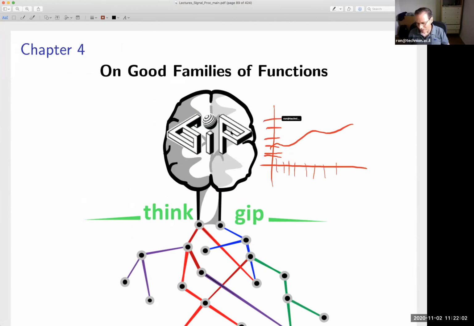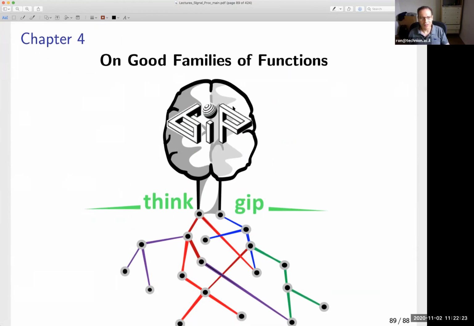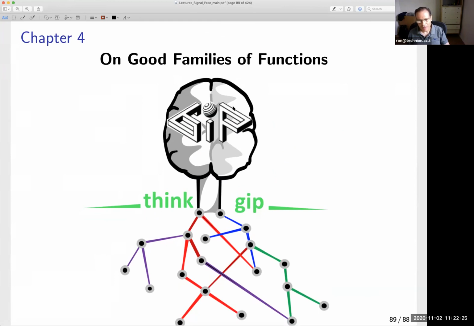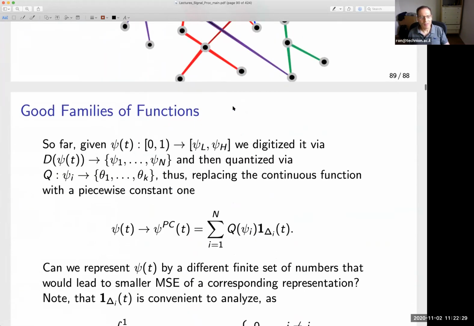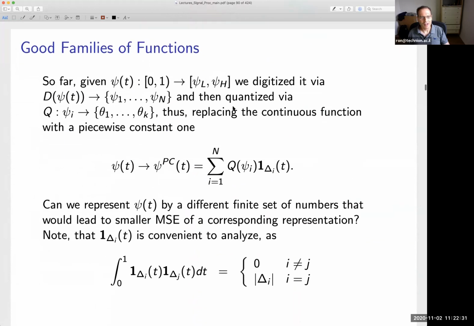And this is how I would represent my function with a finite set of numbers, okay? So I'm having a vector and the entries of this vector are quantized, and I did all the math in order to show you that quantization along the x-axis and the y-axis can be split into two different problems, and you can analyze them, and everybody should have been really, really happy with that. Now, the next question that we would like to also ask ourselves is, can I have a better way of looking at these kinds of functions?